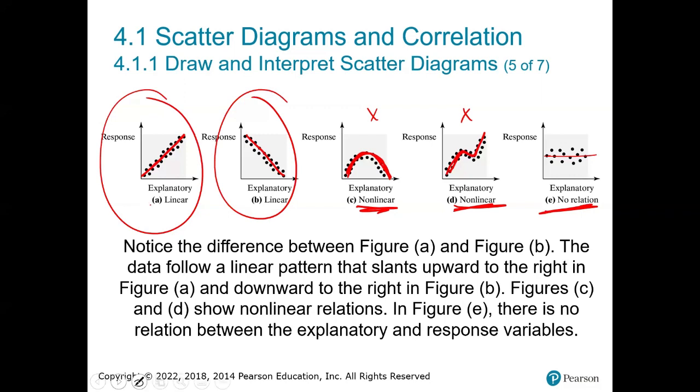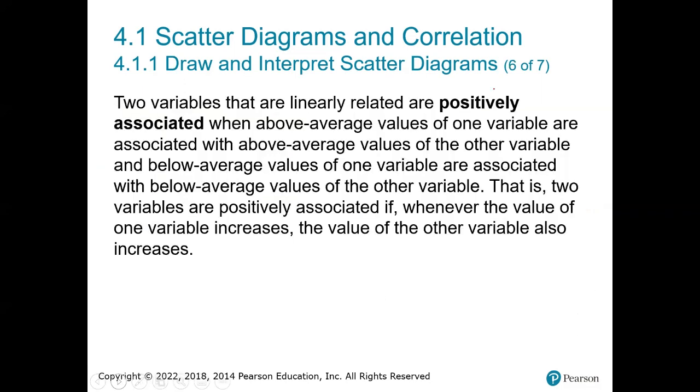This example A here is what we call positively associated. And this first line here makes it really kind of weird to understand. So I'm going to go to this bottom line here, and that's where the definition makes a little more sense. Okay, so they're trying to clarify this really wordy part up here.